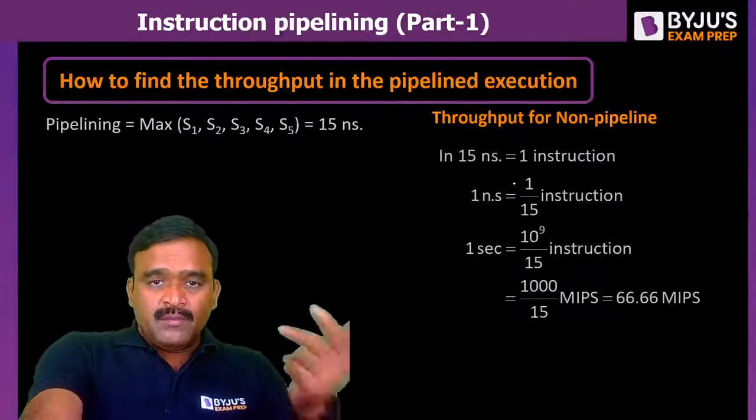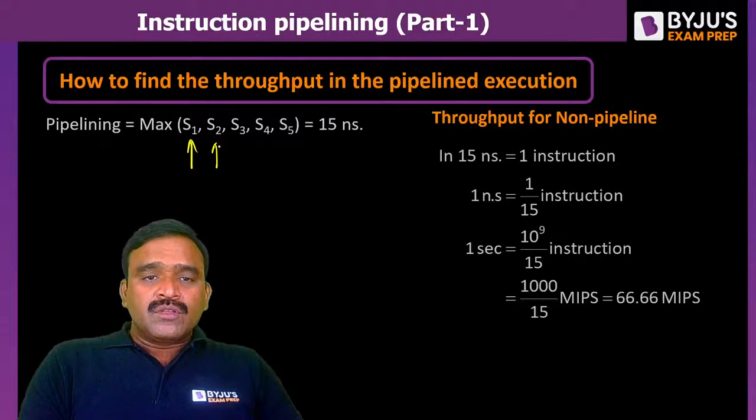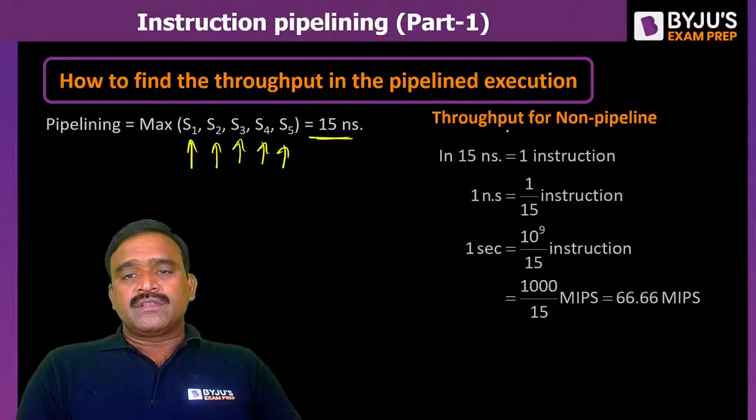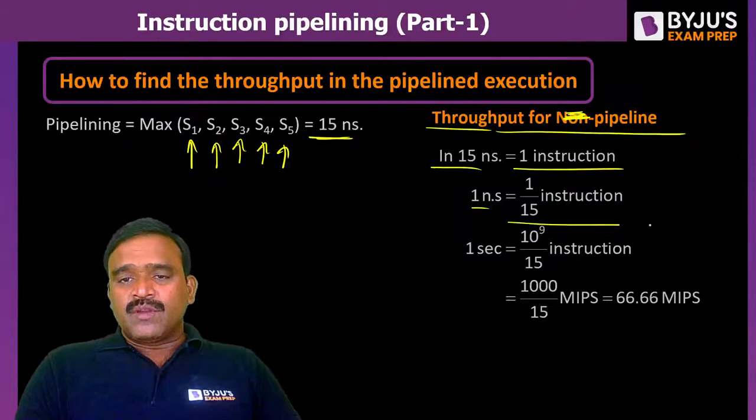Now you can see pipeline throughput. In the pipeline, different stages are taking different timings, so the maximum cycle time is provided, that is 15 nanoseconds. So in 15 nanoseconds we can execute one instruction. 1 nanosecond is 1 by 15. 1 second is 10 power 9 by 15.